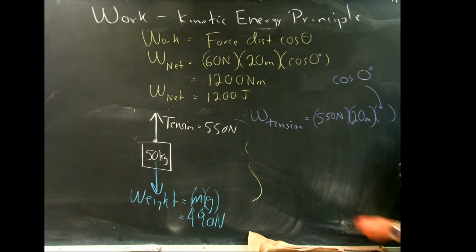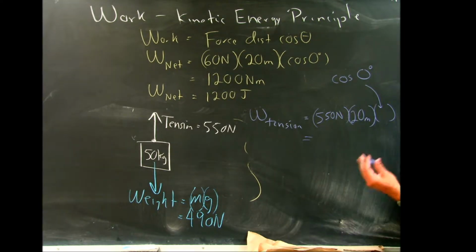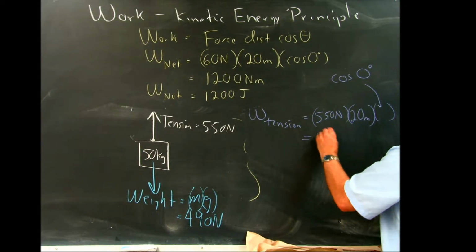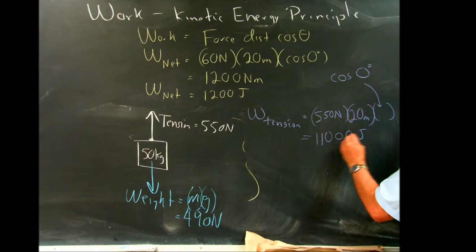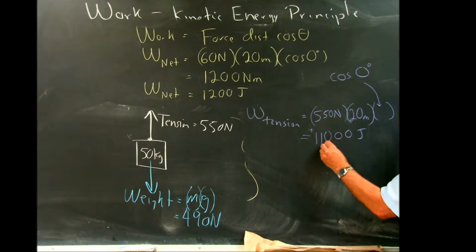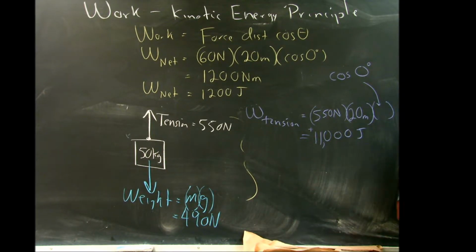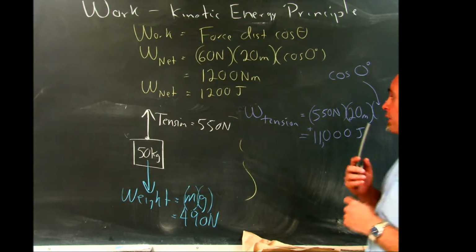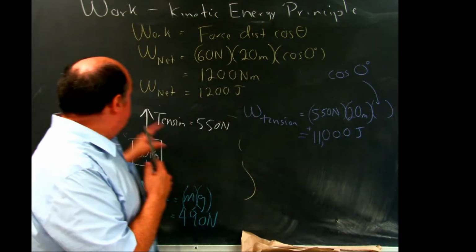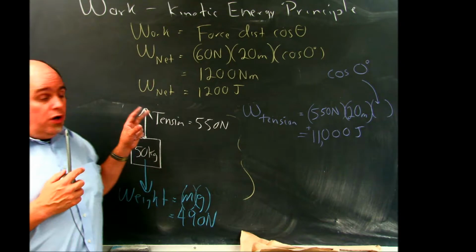So if we did that on your calculator, you would get positive 11,000 joules. So that's how much work the tension is doing on this box.